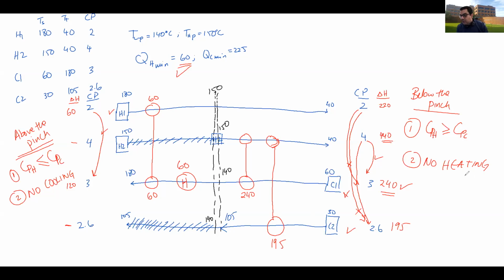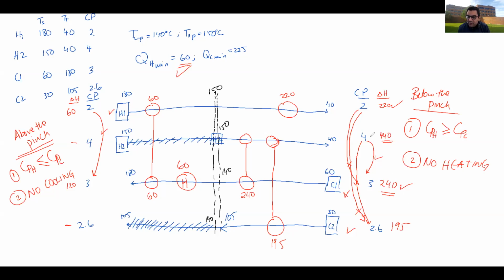So I'm not violating the rules. I'm not going to heat below the pinch, that's good. So now I have to cool these guys to meet the requirements. So this one, I can match it with anyone. So I'll just add one big cooler with 220 to meet the entire demand of this stream. So this is done. And this stream, I still have some energy I need to deal with, right? Because it gave 240 to this guy and it gave 195 to this guy.